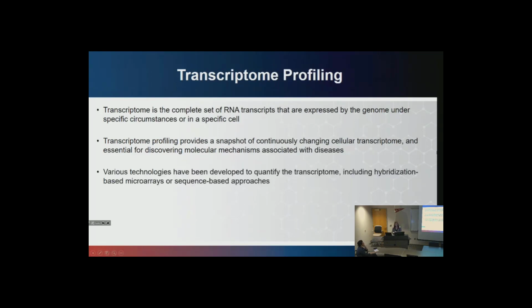Different technologies have been developed to quantify the transcriptome, including hybridization-based microarrays, and recently this has been replaced almost completely by sequence-based approaches. The next generation sequencing technologies provide a reliable method for quantifying transcriptome profiles, and it's termed RNA-seq.